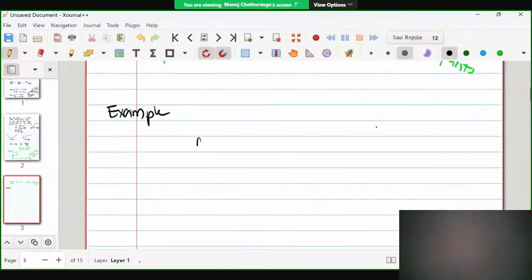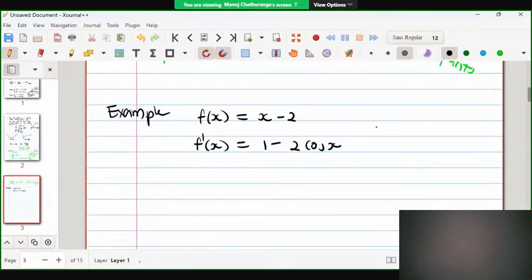You're given the derivative 1 minus 2 cosine x. If you want, you can think about the function. What function gives you this derivative? If the derivative is 1, we must have x. And minus 2 is a constant in front, so in the function also it must be like this.